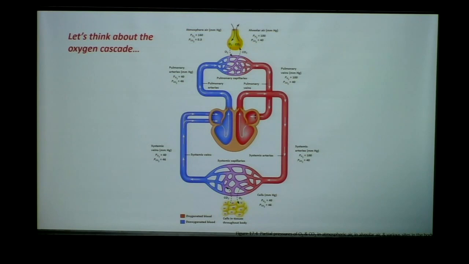And again, what we're seeing here is a gradient that facilitates the movement of CO2 from the tissues where that CO2 is produced as a byproduct, all the way through the vasculature, and that large drop off between the alveoli and the atmosphere is facilitating the exhalation of CO2 from the lungs.